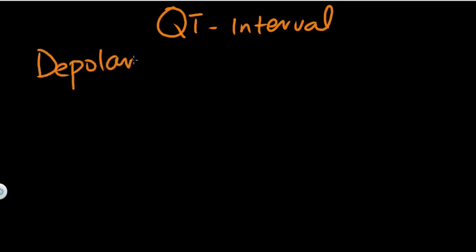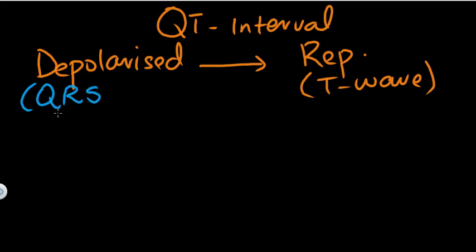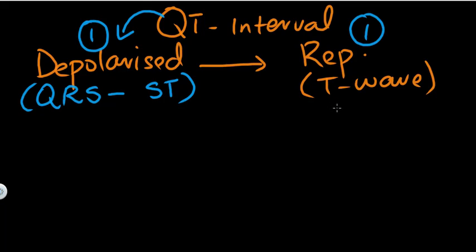Your ventricles just pump the blood, and now they are ready to get repolarized in your T wave. And you all know that this is basically the QRS, which completes in your ST segment. So QT includes both the depolarization phase of the ventricles and the repolarization phase.